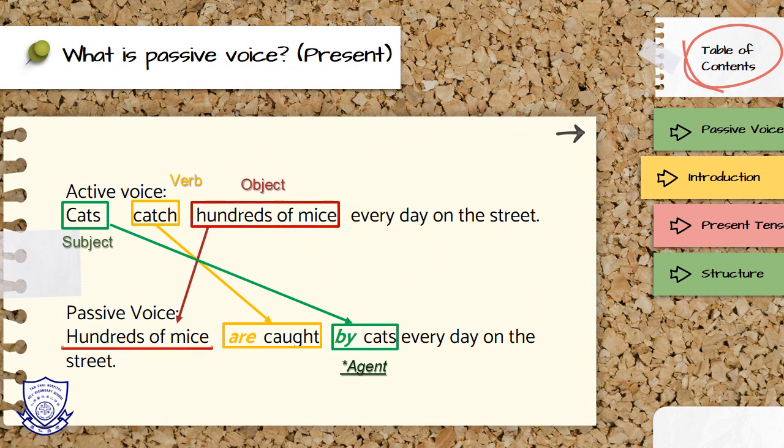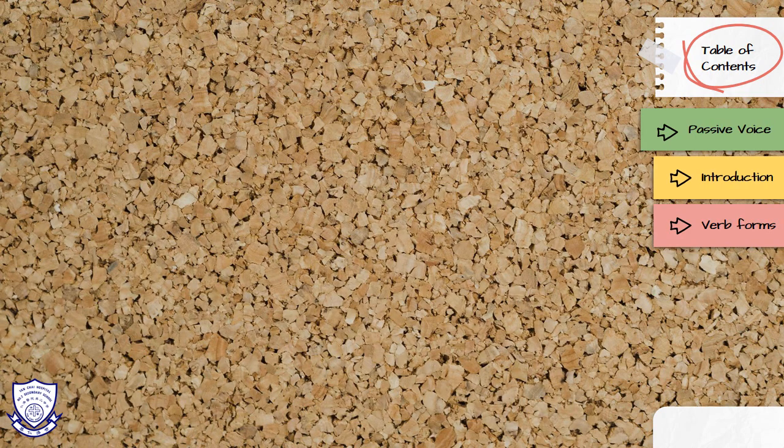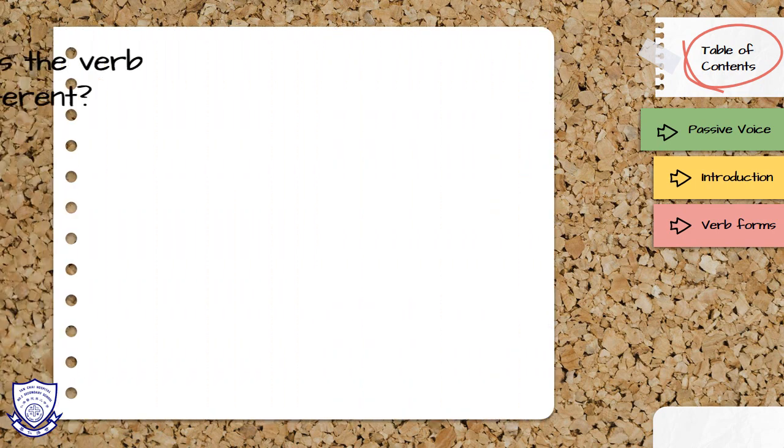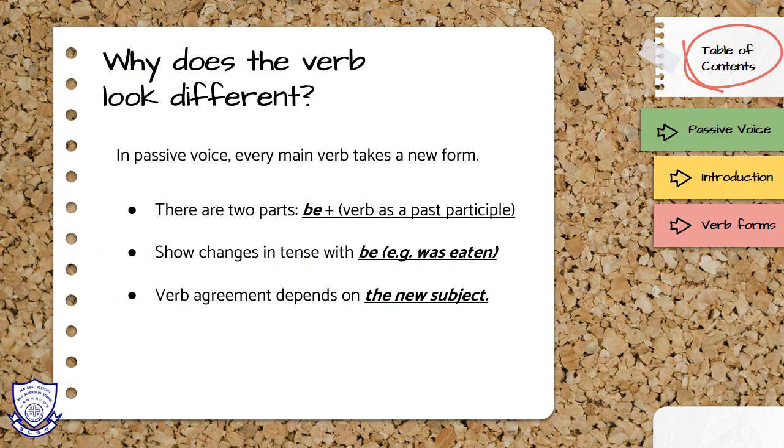The next part is the object. Originally, hundreds of mice is the object in the sentence in the active voice. When the sentence is rewritten, you see that hundreds of mice now becomes the subject of the sentence in the passive voice. So you may wonder, why does the verb look different?